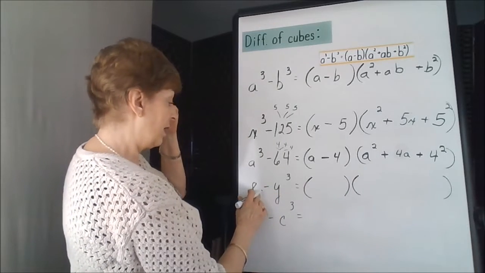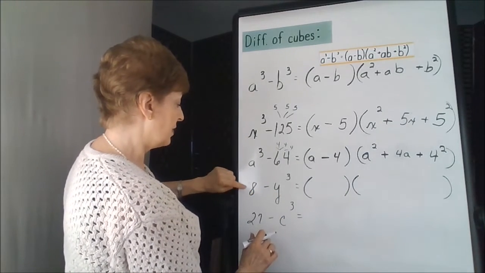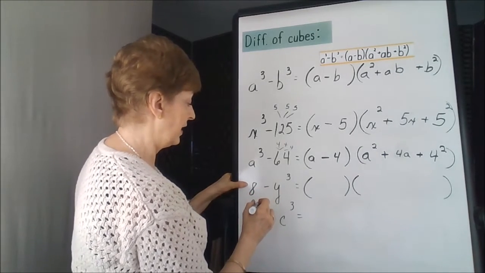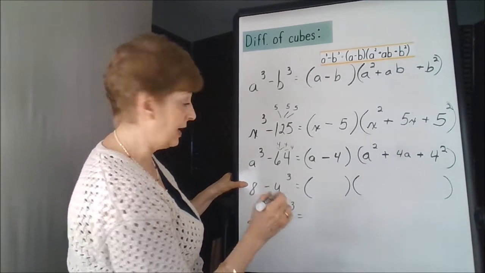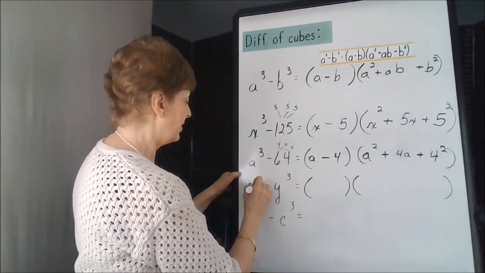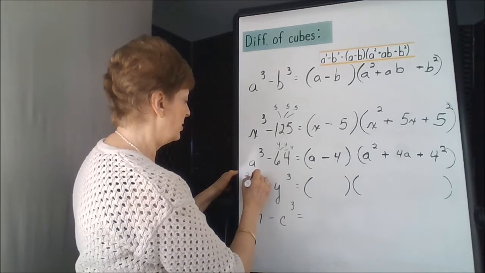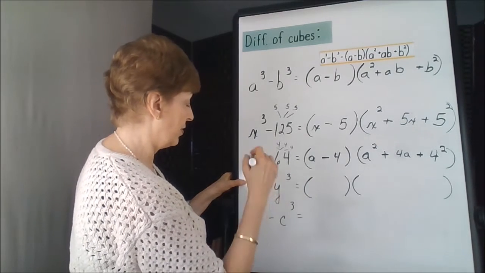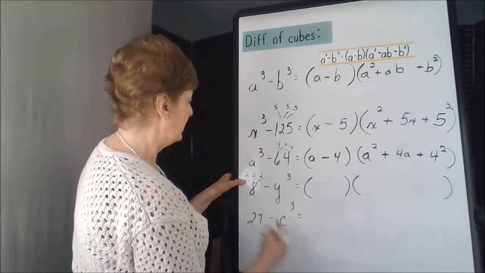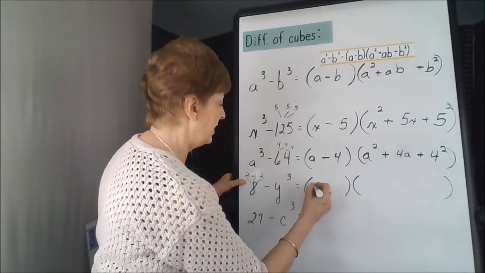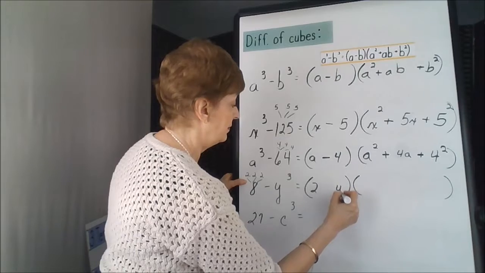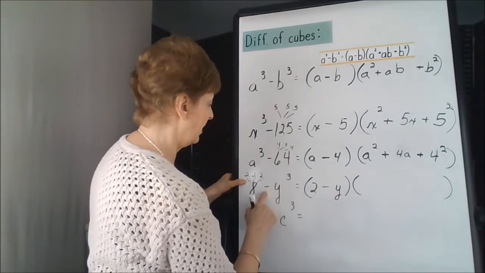All right, so now our number's over here. So what times what is 8? Well, 2 times 2 is 4, and 4 times 2 is 8. So this factors to 2, 2, and 2. This is 2 to the third power, 2 cubed. We're going to take one of the 2's here with a y and put the negative sign.